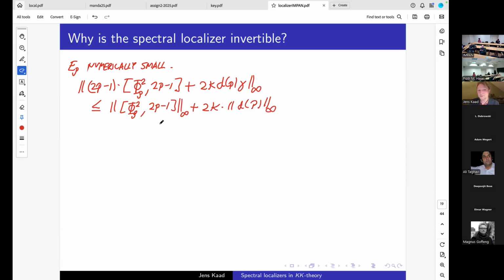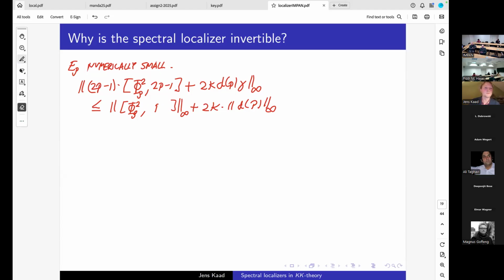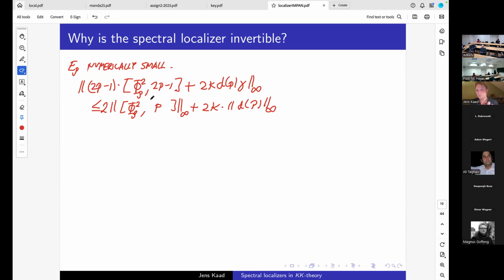Now, this term over here, we can actually rewrite. We can take just 2 outside. So here we have p inside, I can take 2 outside. And then what I'm left with here, I have an estimate on this operator norm.